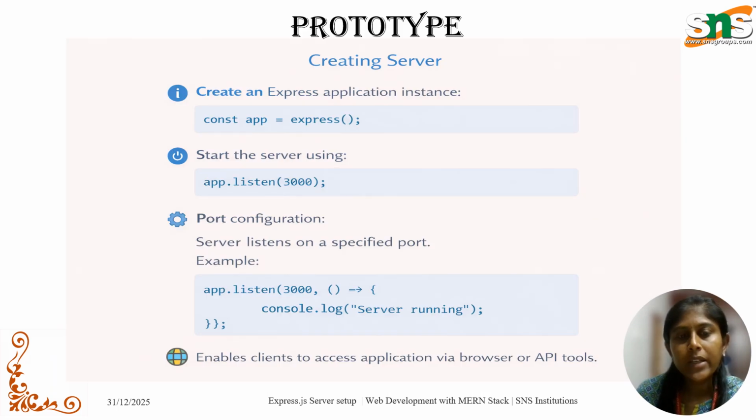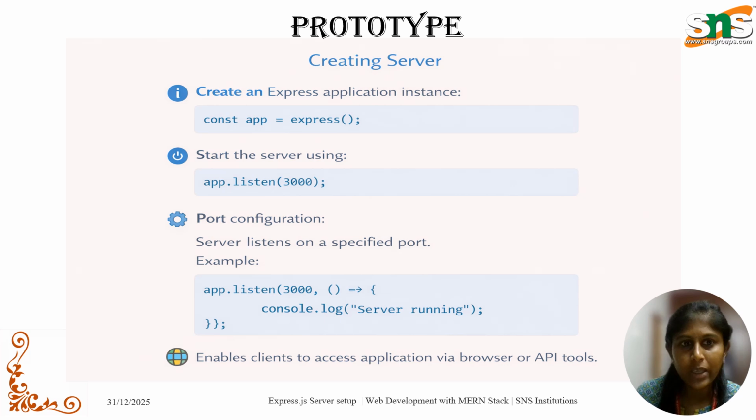Now let us create a basic Express server. The steps include: first import Express, then create an app, define a route, and listen on a port. For example, the structure may be const express = require('express'), then app.get with request and response in the function, and res.send('Hello World').